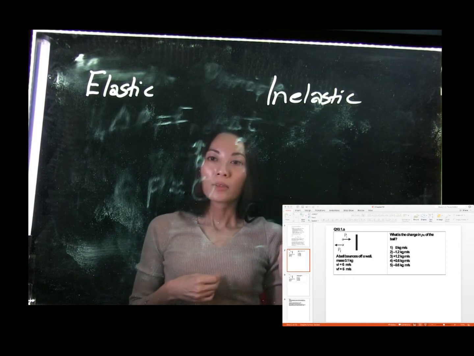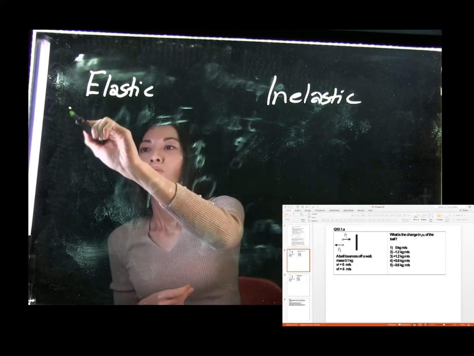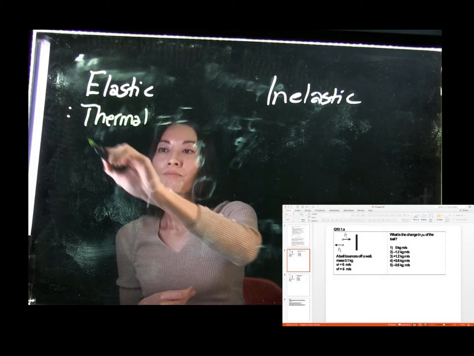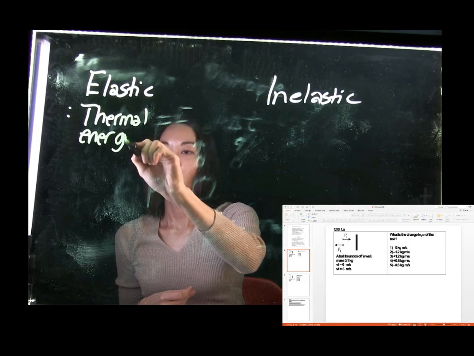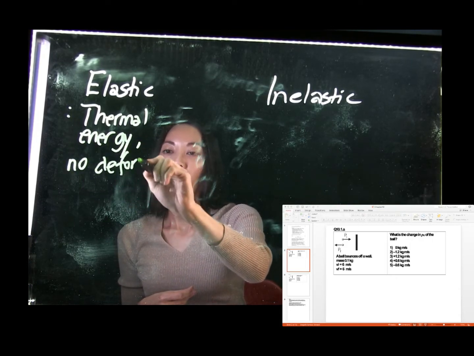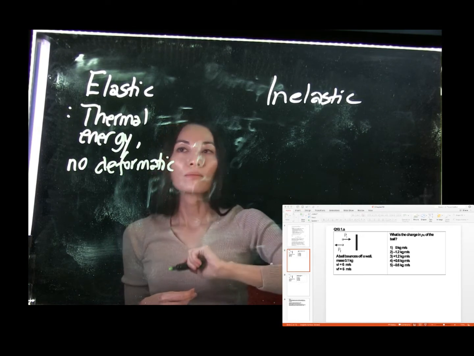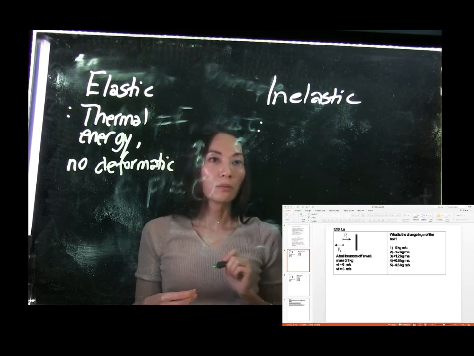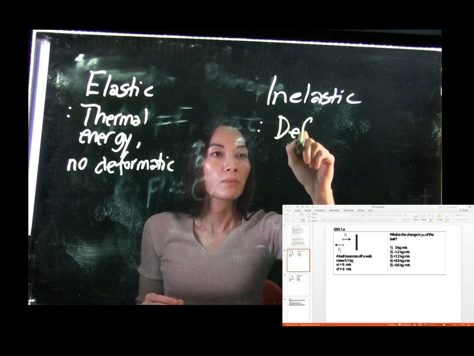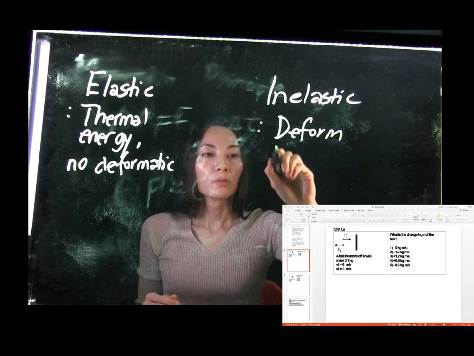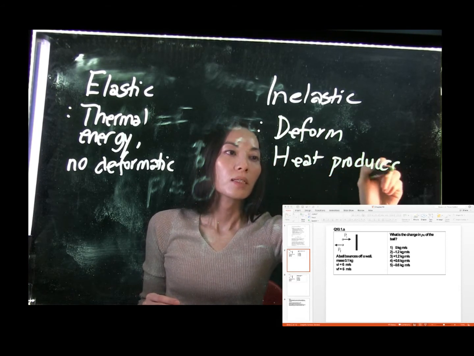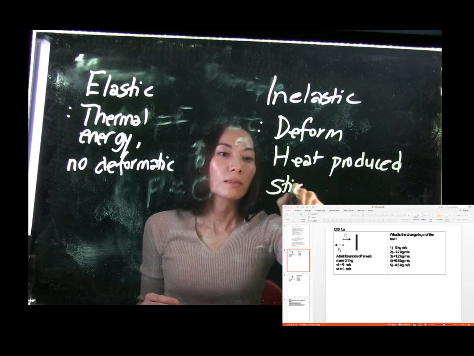In elastic collisions, there is no generation of thermal energy, so no heat is produced, and there's no deformation. And in inelastic collisions, you will see that objects can deform, heat can be produced, and objects also stick together.